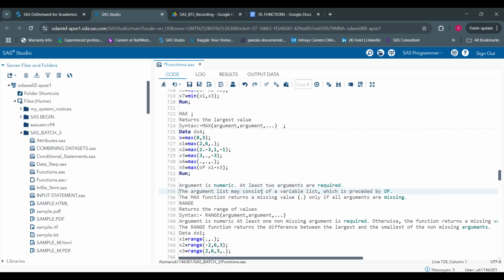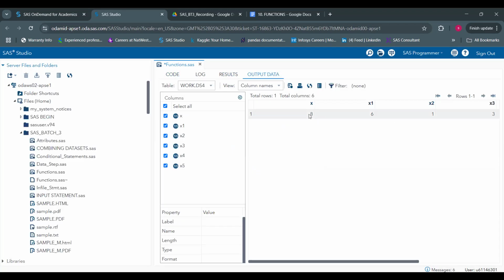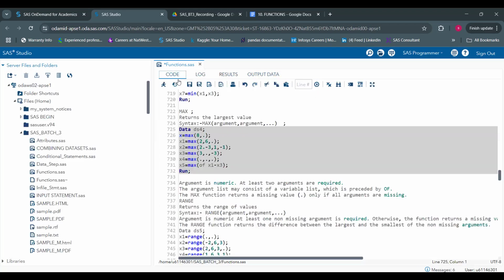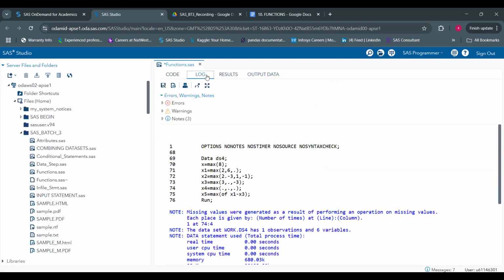The argument list may consist of, for example, if I just miss out this one, it'll just give us simply 8. If I even just remove this, it's still 8.